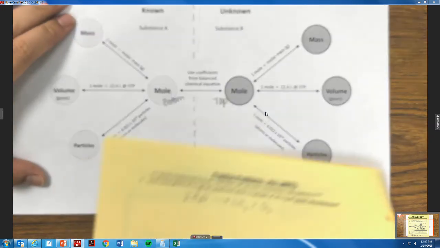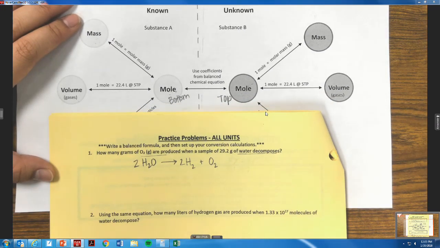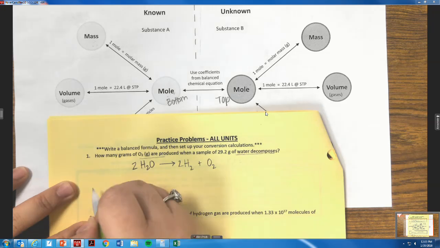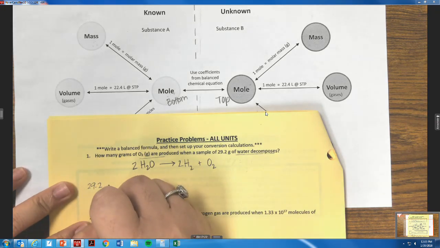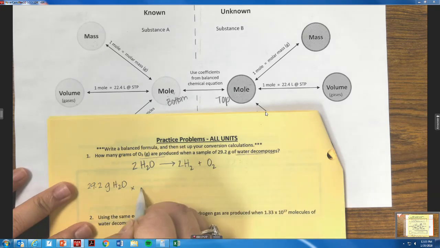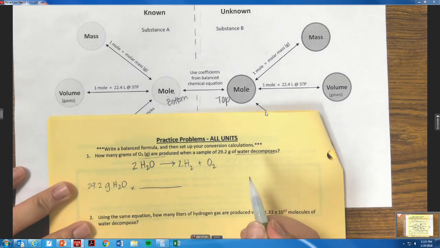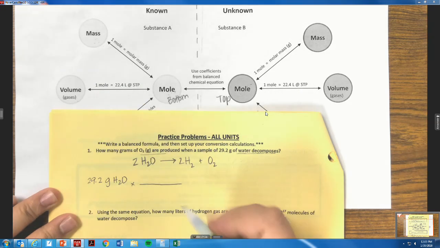All right, so let's go ahead and set up our equation. Again, 29.2 grams of water is going to be our given, and we're going to multiply that by our first conversion factor. Our first conversion factor is 1 mole equals molar mass.